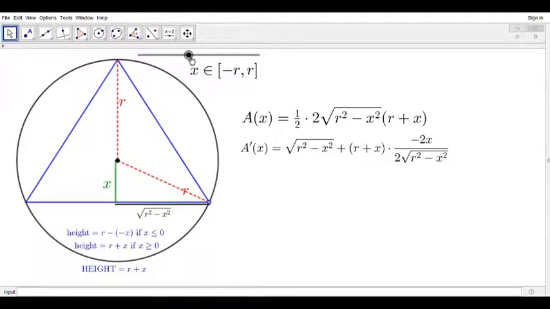Now we could write everything as a single fraction after canceling this 2 and this 2. So just pretend that those 2's aren't there anymore. So under the same denominator, you have r squared minus x squared radical, and then this square root times that square root is r squared minus x squared. And then x with a negative sign multiplied to r plus x.